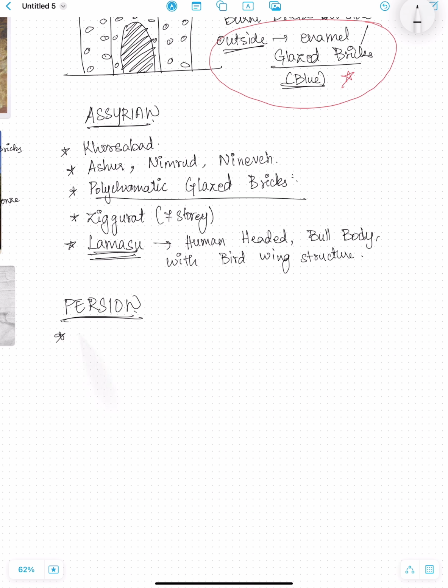So the capital is Persepolis. But other famous cities include the city of Susa and Ecbatana.